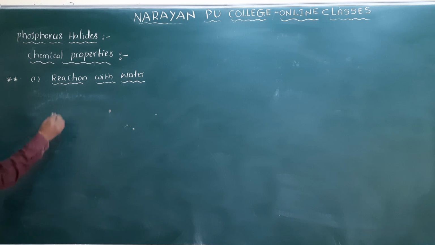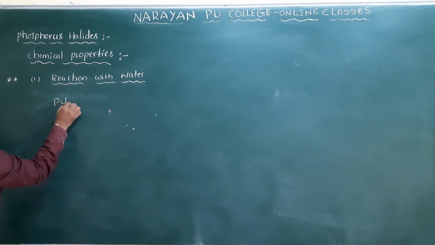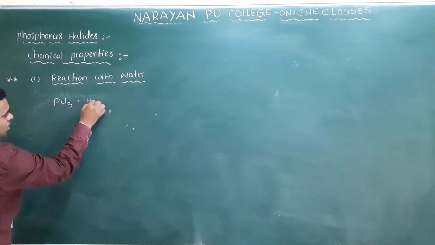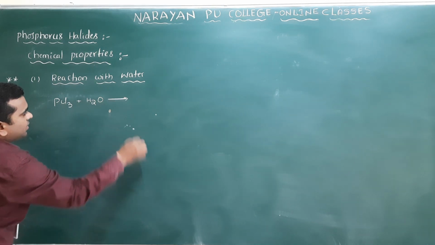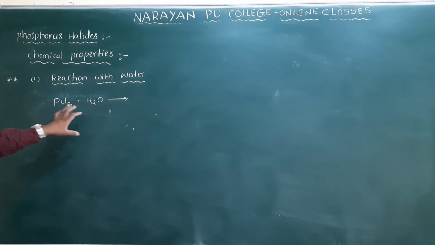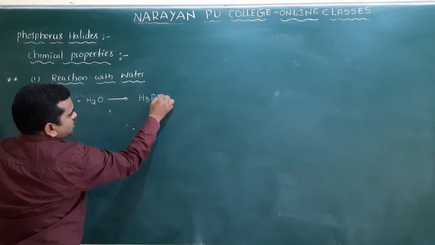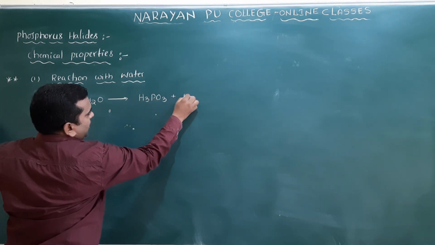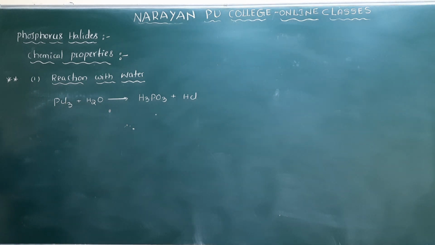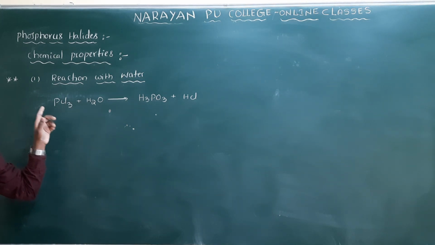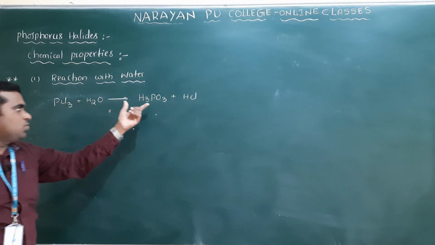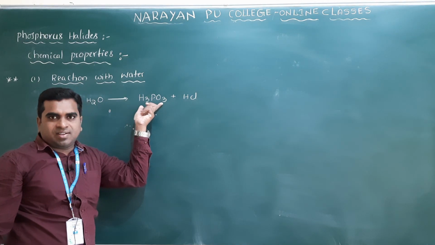When PCl3 is reacted with water, what compound will you get? When PCl3 is reacted with water, it will give phosphorus acid plus HCl. Very important: PCl3 hydrolysis gives phosphorus acid, H3PO3.